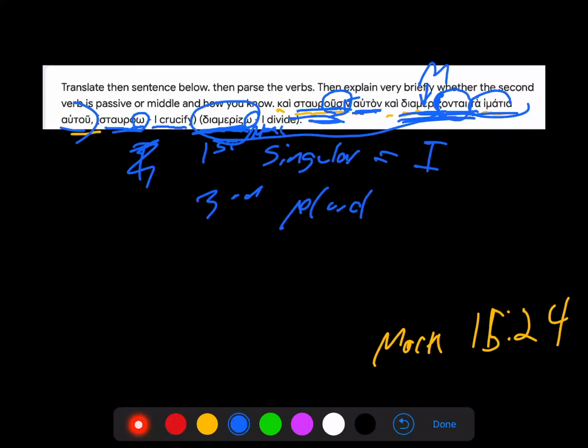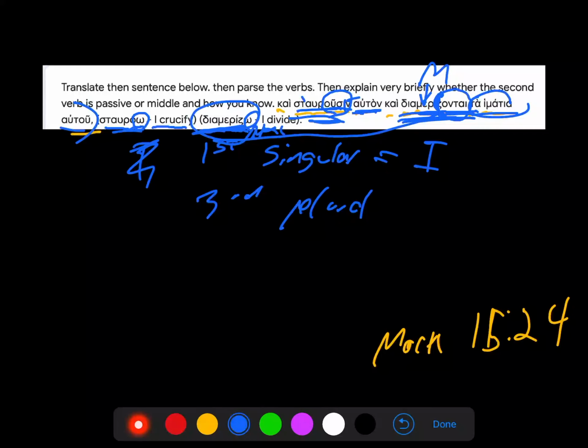And the reason why it's middle is because the author wants to show that their action of dividing is reciprocal and that it is coming back upon themselves. They're dividing the garments for themselves, unlike the crucifixion, which they're doing only to Jesus. There's no sense in which that is coming back to them.